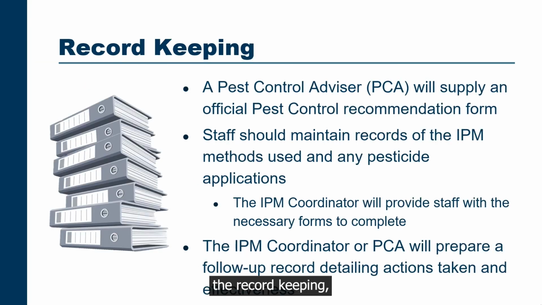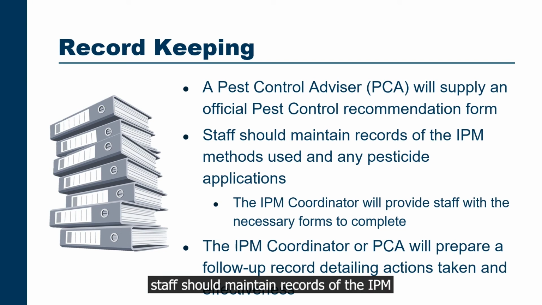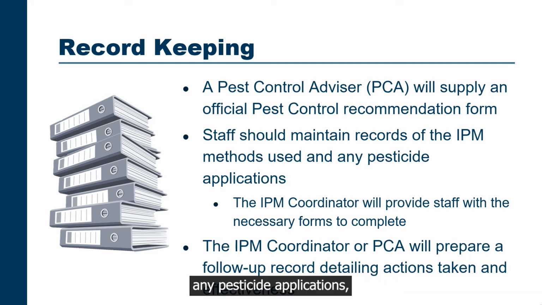The record keeping. So you have a PCA, pest control advisor, and they're going to supply a recommendation form. Staff should maintain records of the IPM methods used in any pesticide applications, and the IPM coordinator will give you those forms to complete. The IPM coordinator or PCA will prepare a follow-up record detailing actions taken and effectiveness.